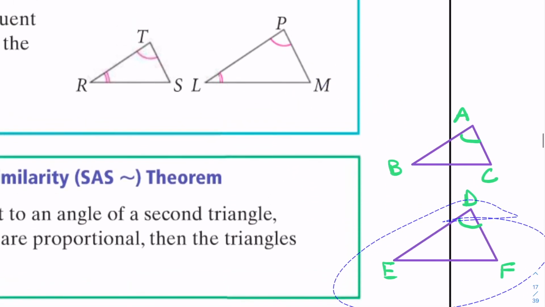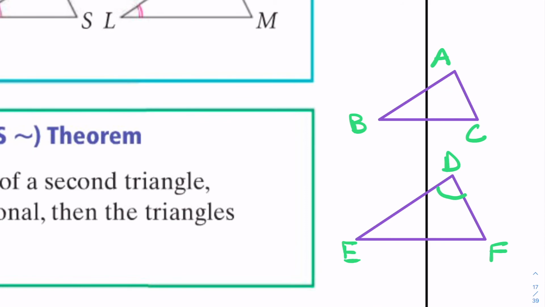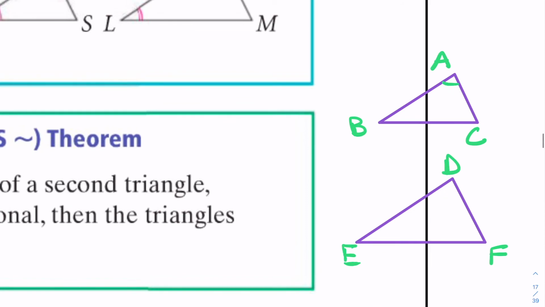So we know that these are almost similar. We have one angle, but what we need now is our proportional sides. So I'm going to say this side is 6 and 8, and let's do 10 and 15.